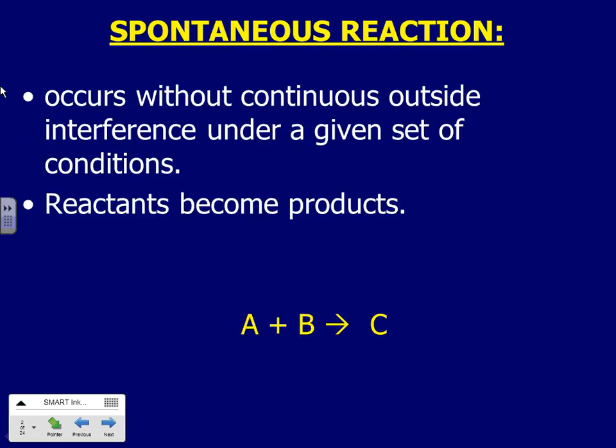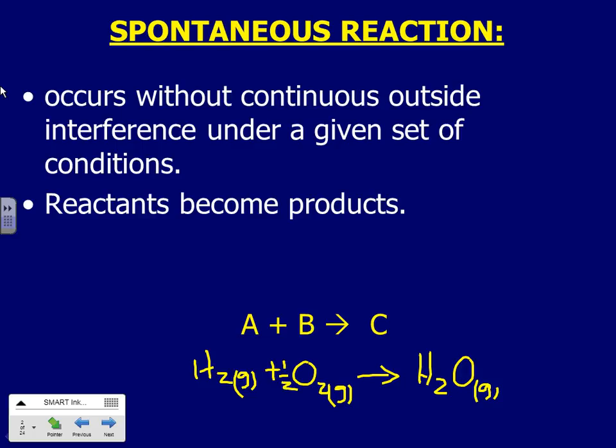An example of a spontaneous reaction, and this one will come up in this discussion, could be H2 gas, like in the hydrogen balloon, with some oxygen gas to produce some H2O, and we'll put it as a gas in this case. And I think I need a 1/2 in here to balance that up. Now, if I put a little spark, that's not continuous outside interference, that's an initiating bit of energy.